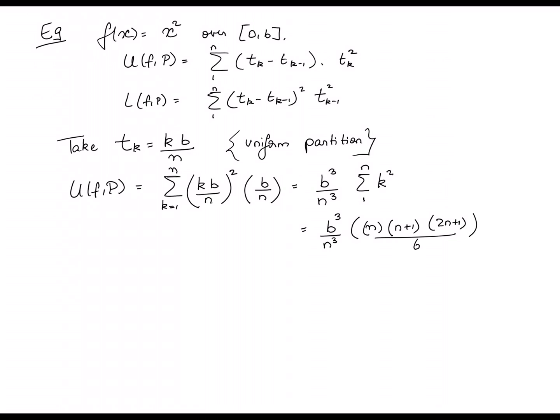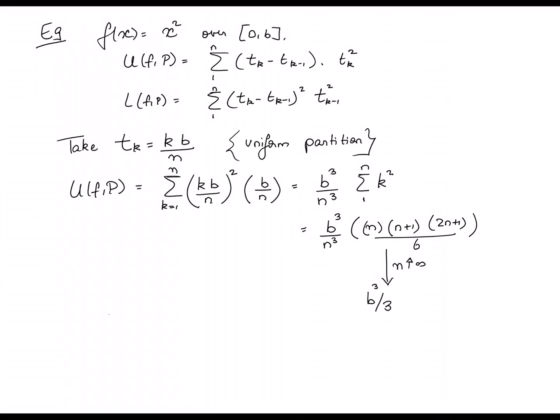That's the expression for the summation of k squared running from 1 through n. Now, this is what the upper Darboux sum looks like for a uniform partition with n subintervals. Now I can ask myself what happens to this as the number of subintervals goes off to infinity, right? You can see that as n goes to infinity, this will in fact converge to b cubed by 3.